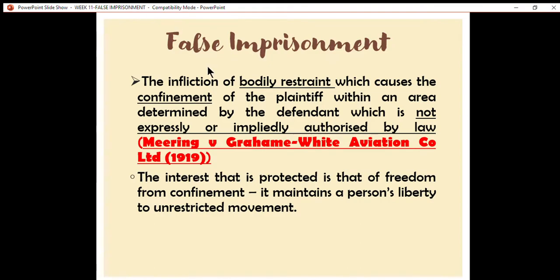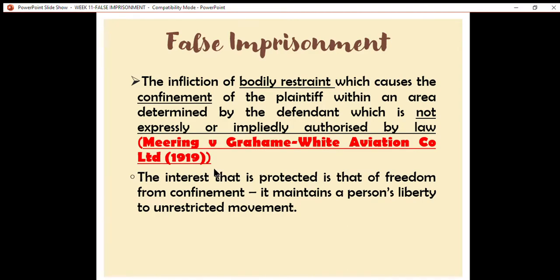Basically, forced imprisonment means the infliction of bodily restraint which causes the confinement of the plaintiff within an area determined by the defendant, which is not expressly or impliedly authorized by law. So you must prove that the act of restraint, the act of confinement, was done without any lawful authority or lawful justification.